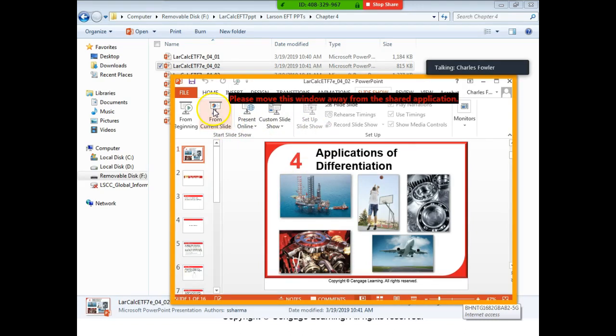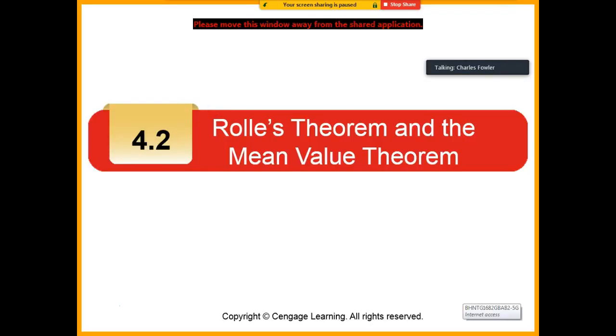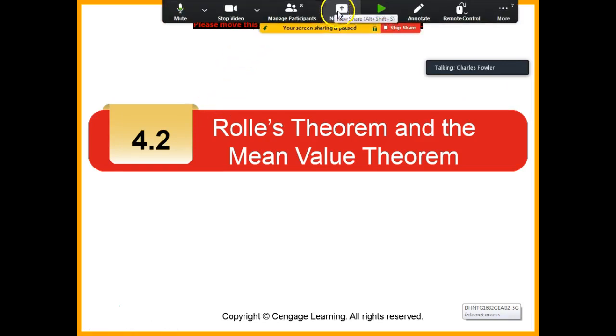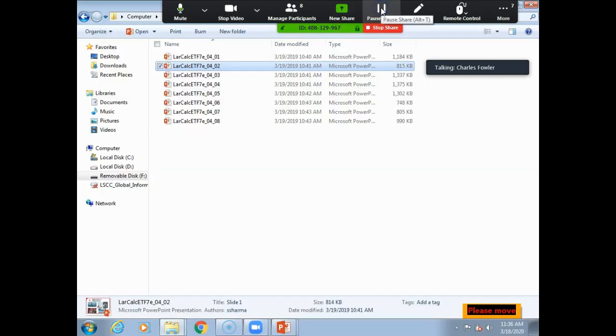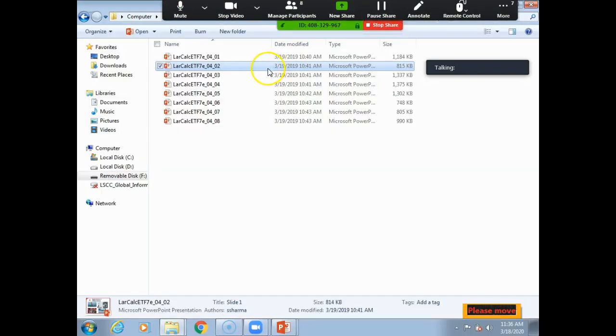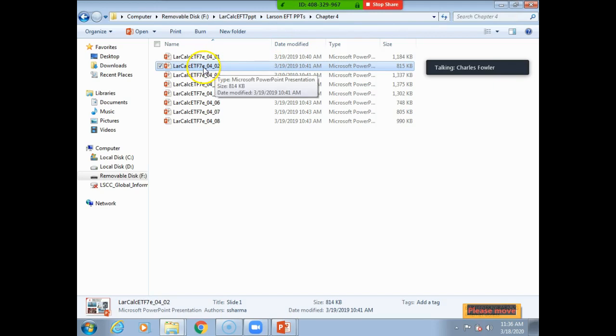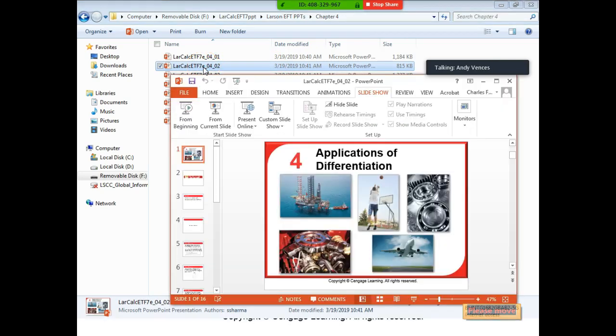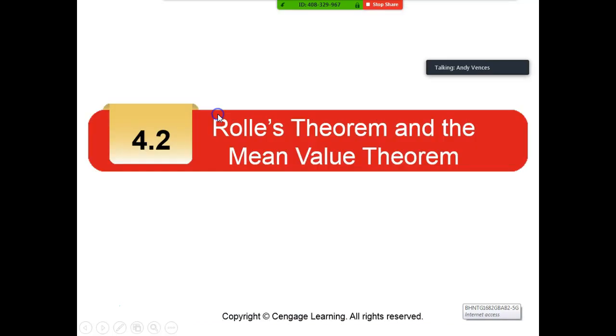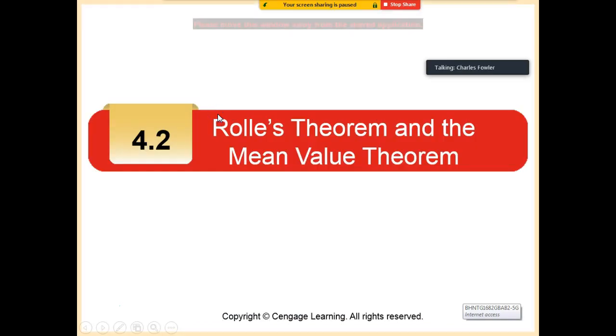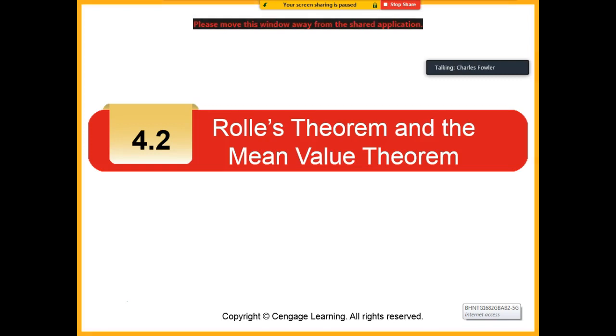I thought already from current slide. Okay. My screen sharing is paused again. Resume share. I don't know why it's going around in circles here. Every time I do that, it pauses it, and I don't know how to keep it from doing that.